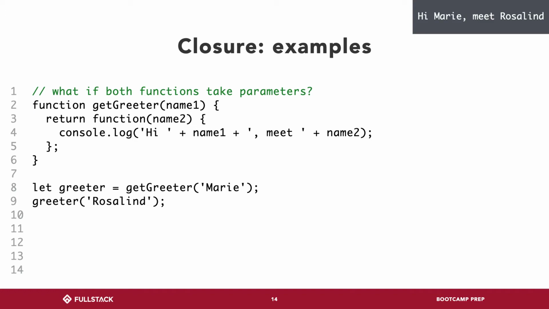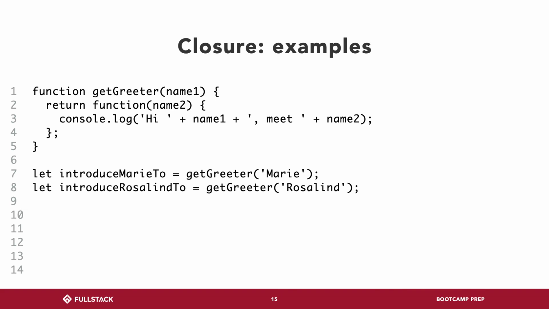And then we call greeter, and we pass in Rosalind. So that means name2 is Rosalind. So we get hi Mary, meet Rosalind. This is a weird combination, right? Any questions?